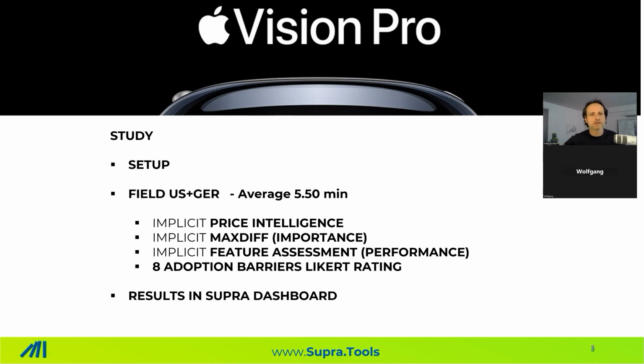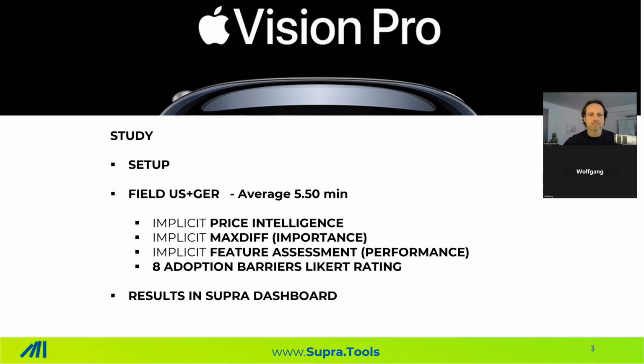This is a pretty good case where we can actually run the methods on Supra.Tools to see what's actually a good price and how should Apple market and introduce the product. What can Apple do so that more people will initially buy it?